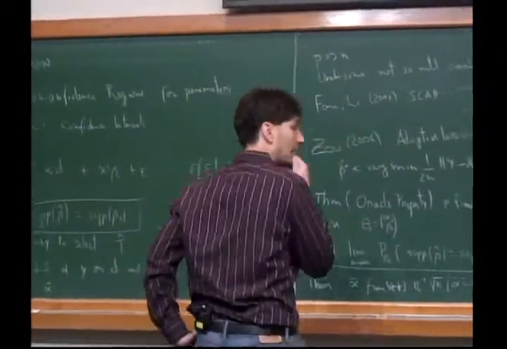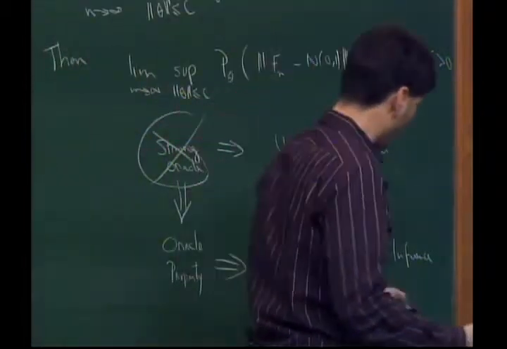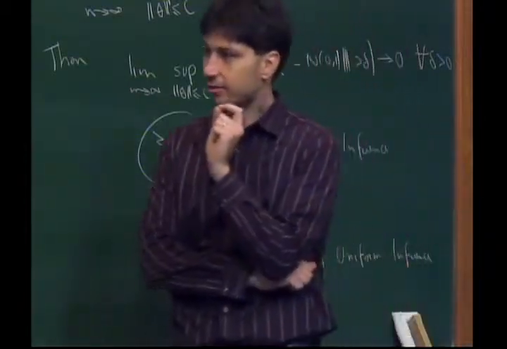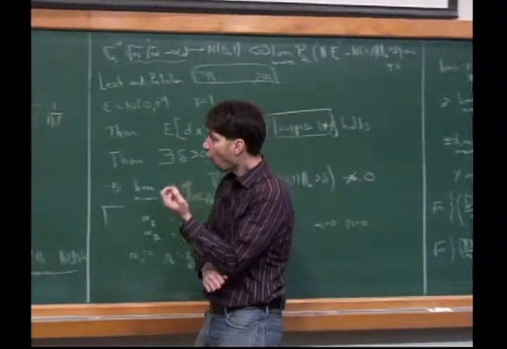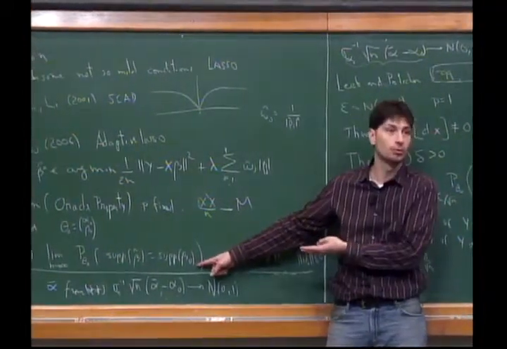And it's just the fundamental limit of information, right? What's happening here is that the oracle property is estimating as precisely 0 all the coefficients which are not in the support.